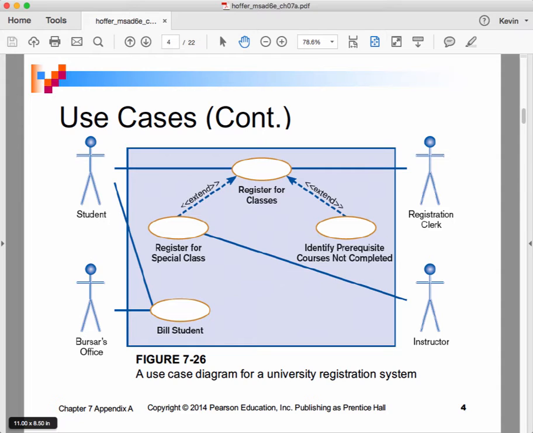In the data flow diagrams, we represent that by showing the data flowing. Here, there is data flowing, but that's not what that line means. The line means if you look at the specification for register for classes, you'll see that the student is involved in that activity. You'll see that the registration clerk is involved in that activity. There's not even an implication about what kinds of data flow back and forth between the student and the system or the registration clerk and the system.